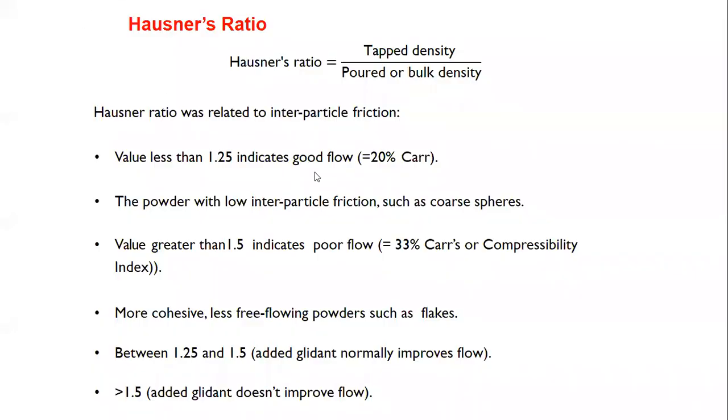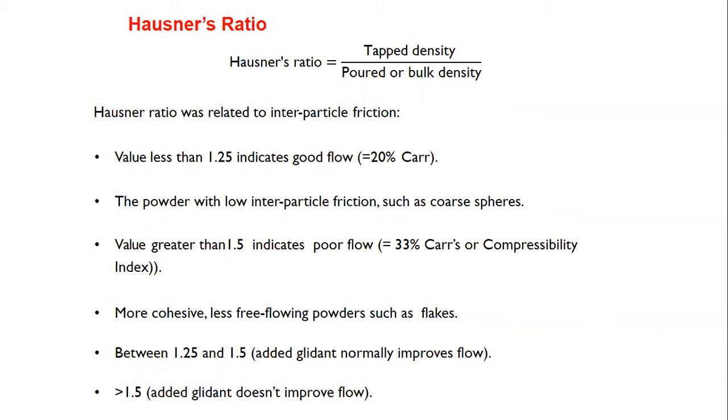The next parameter to know about the flow properties of the powder is Hausner's ratio, and the tap density and bulk density values can be utilized to determine the Hausner's ratio. So Hausner's ratio is equal to tap density upon poured or bulk density.